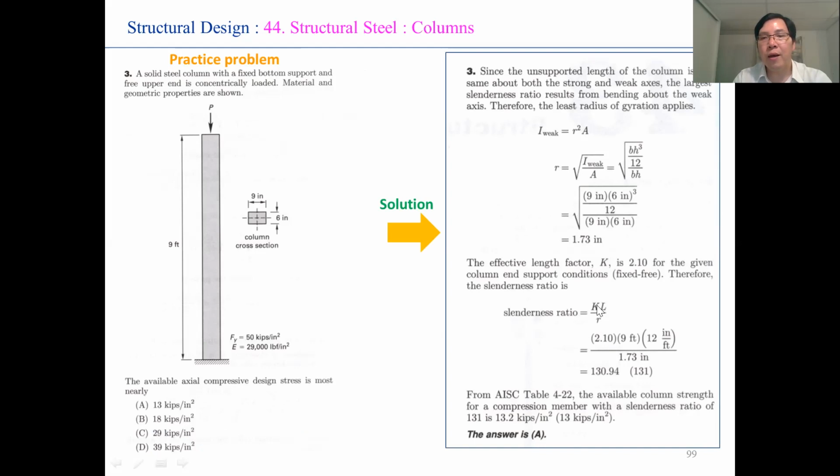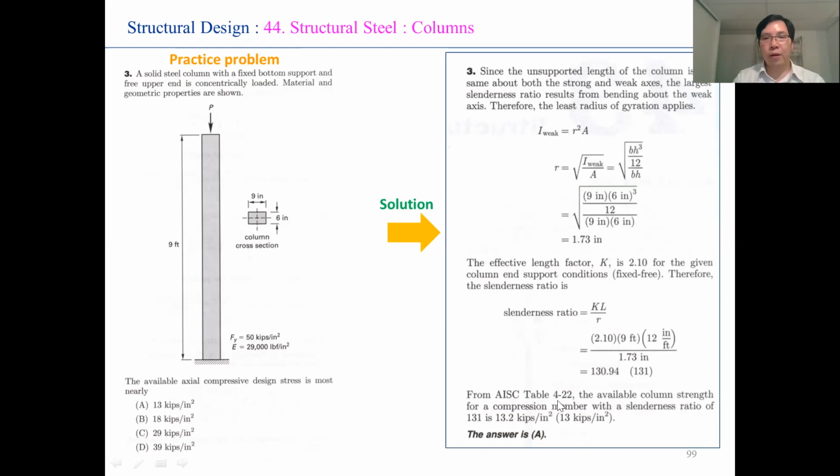You can put the good value of K and L, so that you can find the final result for the slenderness ratio. It is 130.